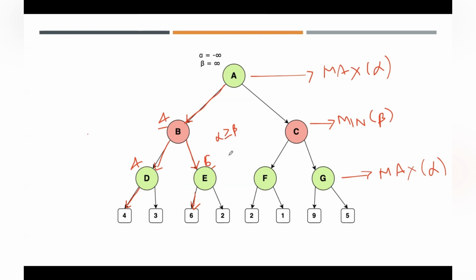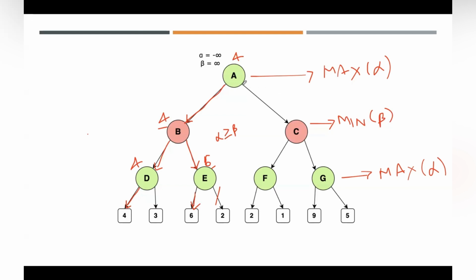As this condition is true, you need to return the value to the parent. So return this 4 to its parent. Now there is no need to traverse towards this right part as this condition is satisfied. So here this path is pruned.